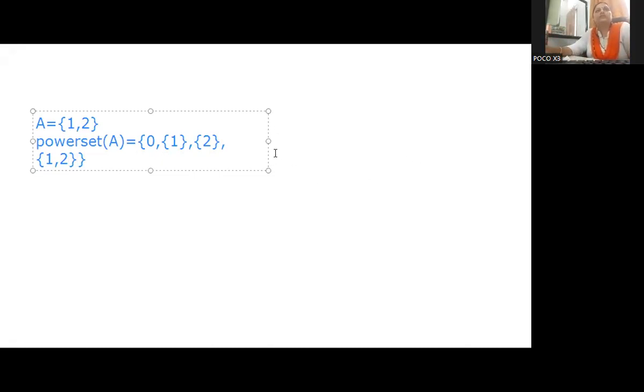This is the power set of A. If A contains 2 elements, 1 and 2, the power set of A contains 0, {1}, {2} and {1, 2}. Like this the power set elements will be there.